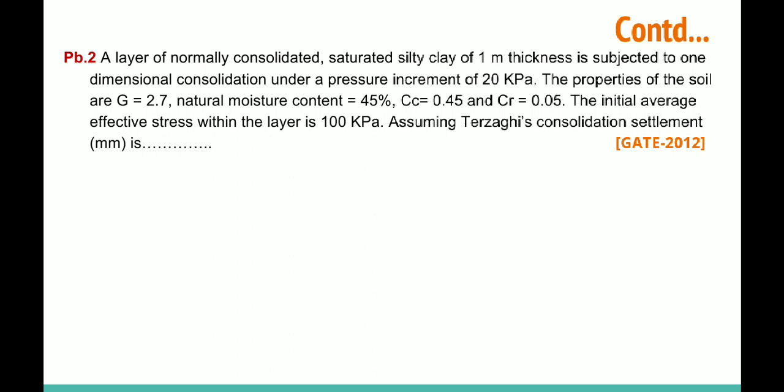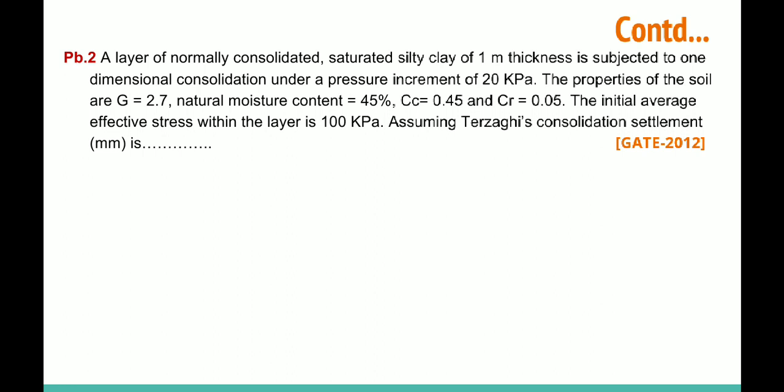The initial average effective stress within the layer is 100 kilopascal. Assuming Terzaghi consolidation, we have to find the settlement in mm.